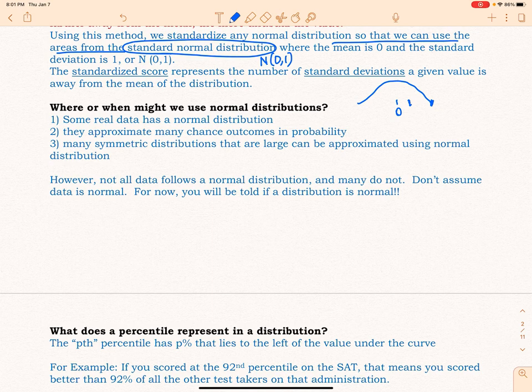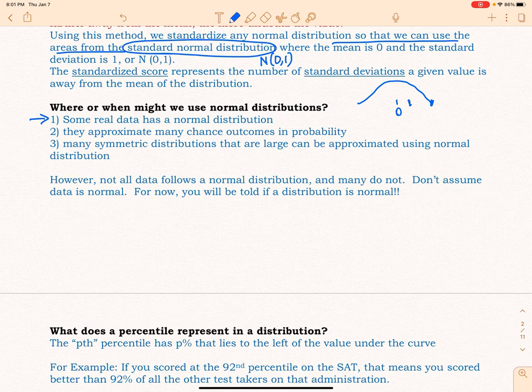So the first thing we need to talk about, where or when might we use the normal distribution? I've already kind of alluded to some of these in class and in our other videos, but some data has a normal distribution naturally. And of course, we talked about that with IQ. It's normally distributed. Sometimes you're going to have data that's more normal than others, and we'll get into more of those details later in different units.